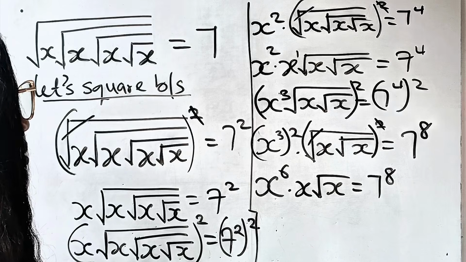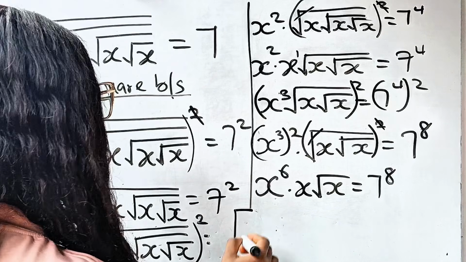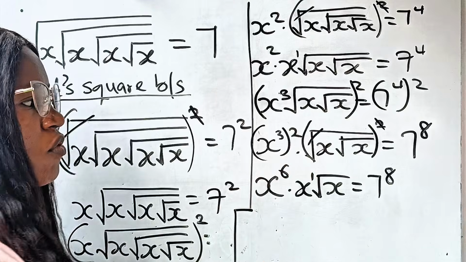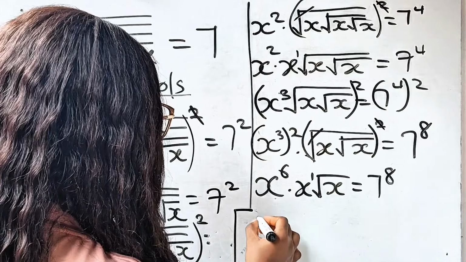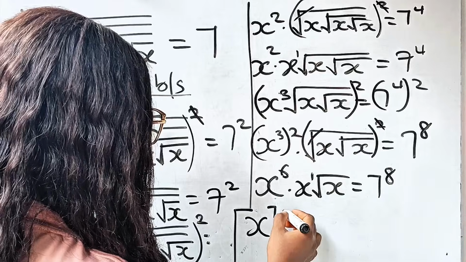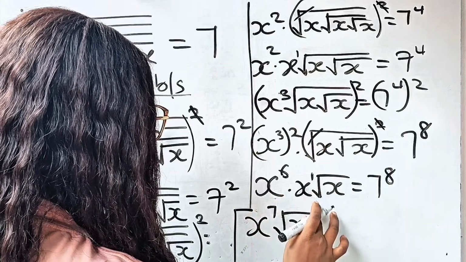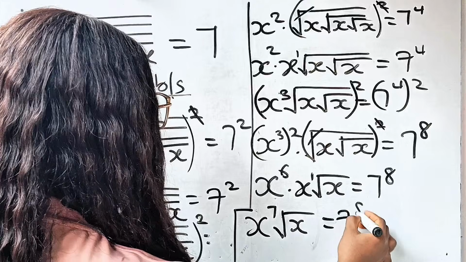Now, this is also x to the power of 1. So we'll call this x to the power of 6 plus 1, which is 7. Then root x is equal to 7 to the power of 8.